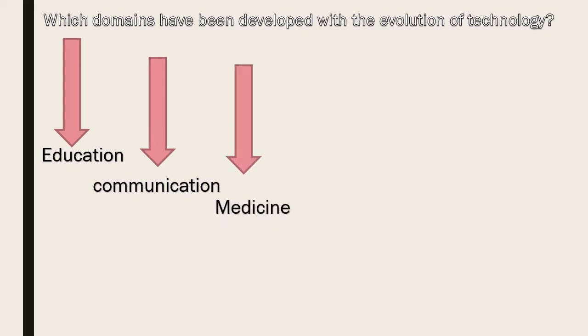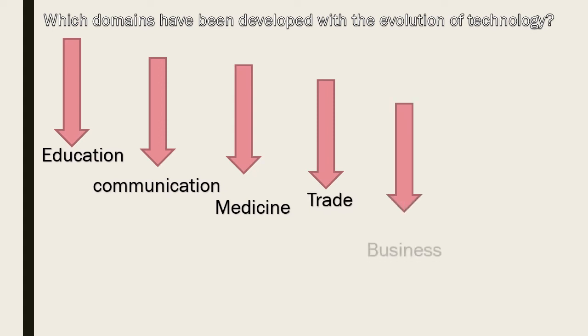Medicine. We have a lot of medical machines that are used in hospitals, plus we have a lot of developed laboratories that are creating cures for a variety of medicines and diseases. With trade, we are able nowadays to shop online, for example.